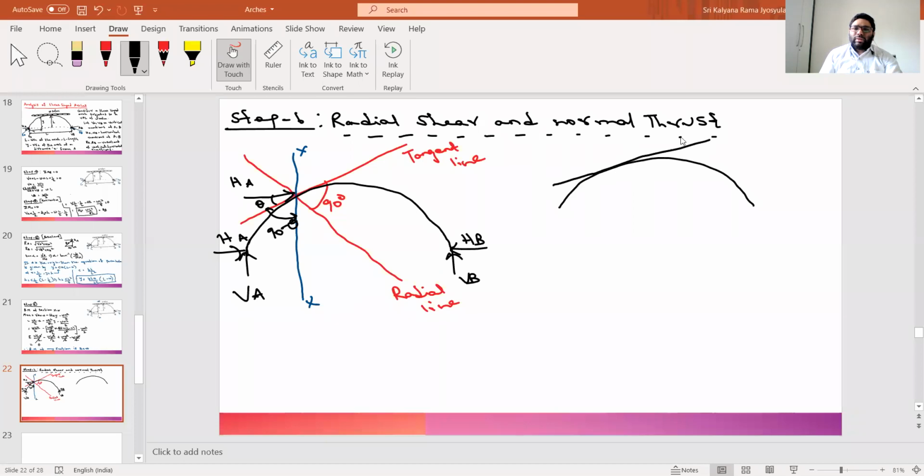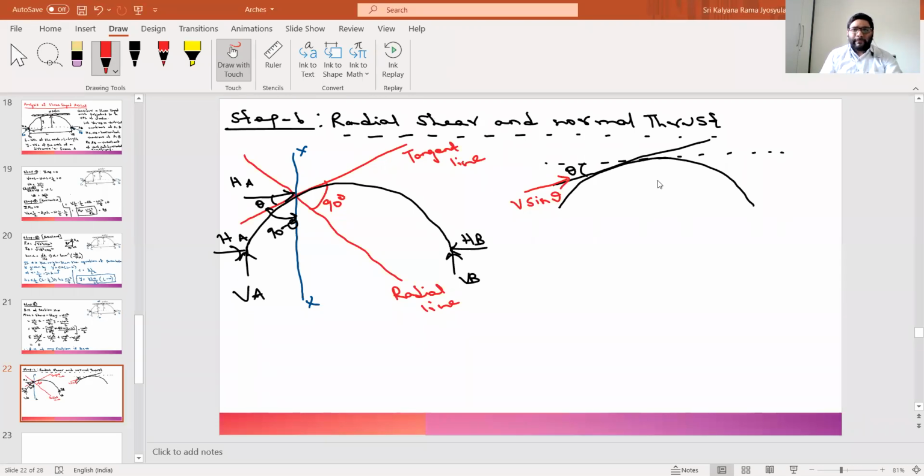So this is the tangent line, and this is the actual horizontal line passing through the top of the arch. So this inclination is theta. If this is theta, what will this be? This specific portion will be V sin theta, and the horizontal distance of that would be V cos theta.